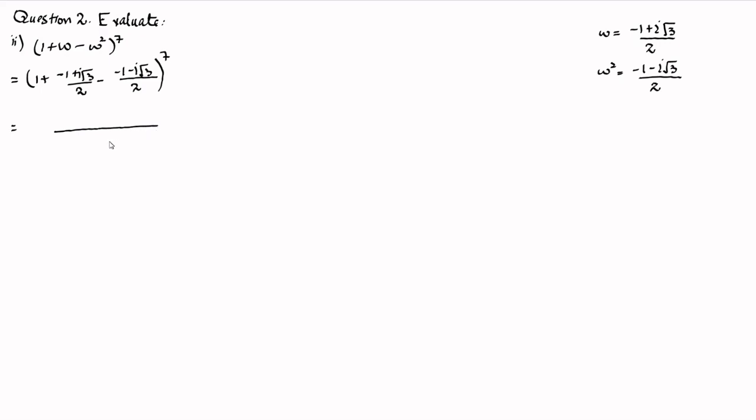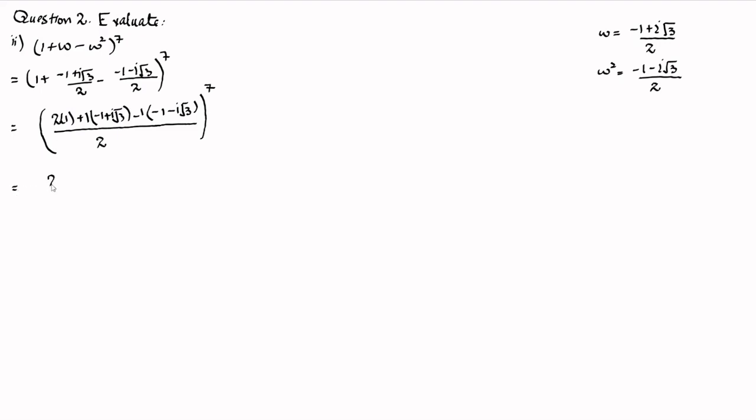Now taking 2 as LCM, so we have 2 divided by 1 is 2, so 2 multiplied with 1 plus 2 divided by 2 is 1, 1 multiplied with minus 1 plus iota square root 3, and 2 divided by 2 is 1, and this is minus, so minus 1 multiplied with minus 1 minus iota square root 3 and whole power of the equation is 7.